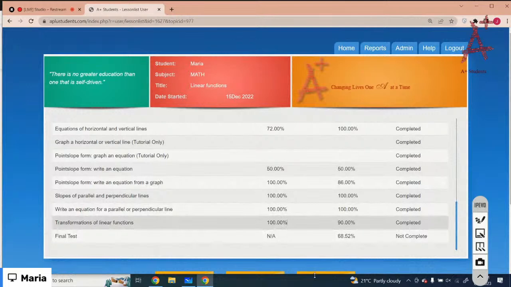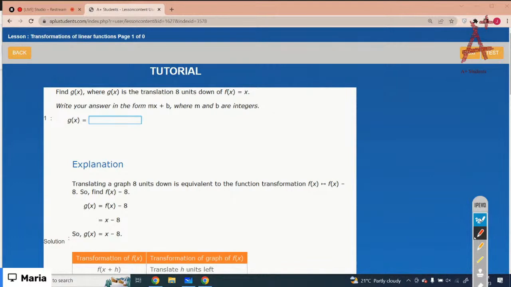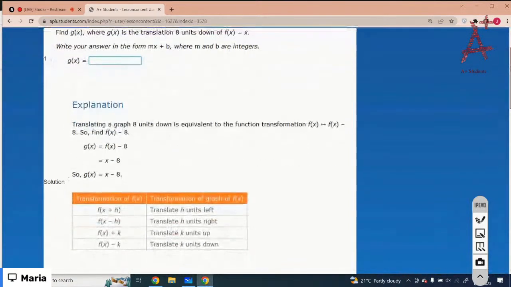Okay, here are the transformations of linear functions. Let's suppose you are given a function. Find g of x, where g of x is the translation 8 units down of f of x. So you have to translate the function 8 units down. This is the table you have to use whenever you apply transformations. If the translation is h units left, you do f of x plus h.